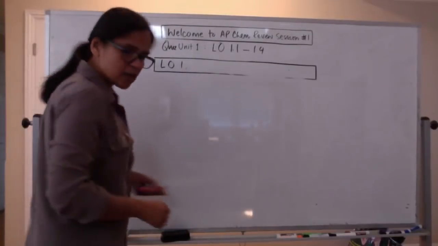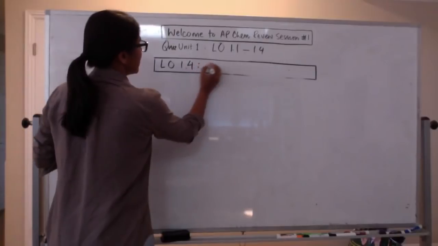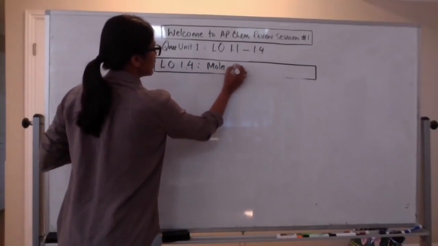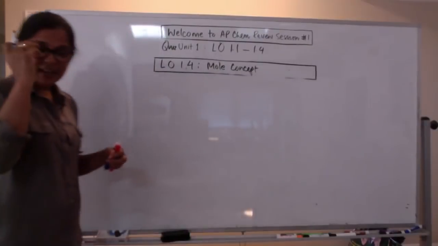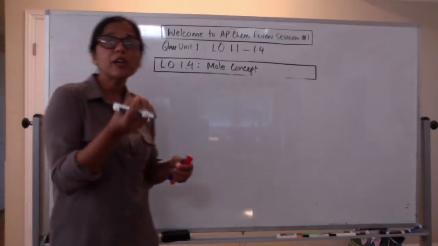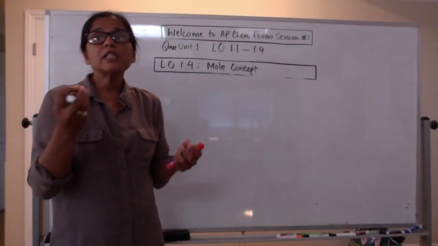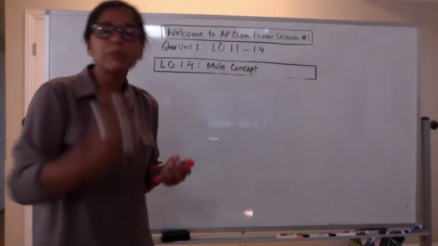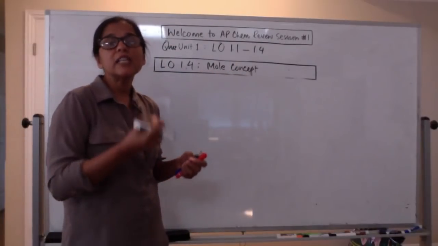So we are now talking about learning objective 1.4, and this is the mole concept. And remember, we are not talking about that little furry animal, but we are talking about a chemist's dozen. Because the particles, whether atoms, molecules, or ions, are such small, minuscule particles, we need a large number of them to get any reasonable mass.